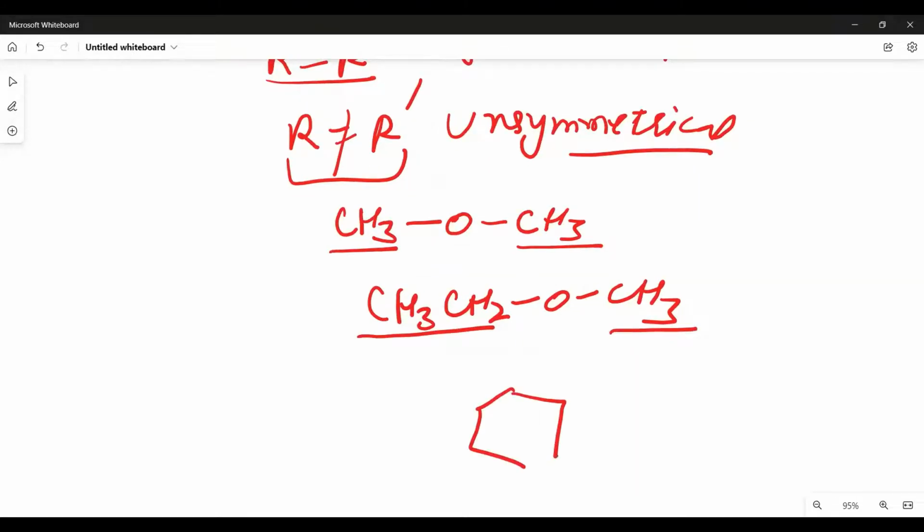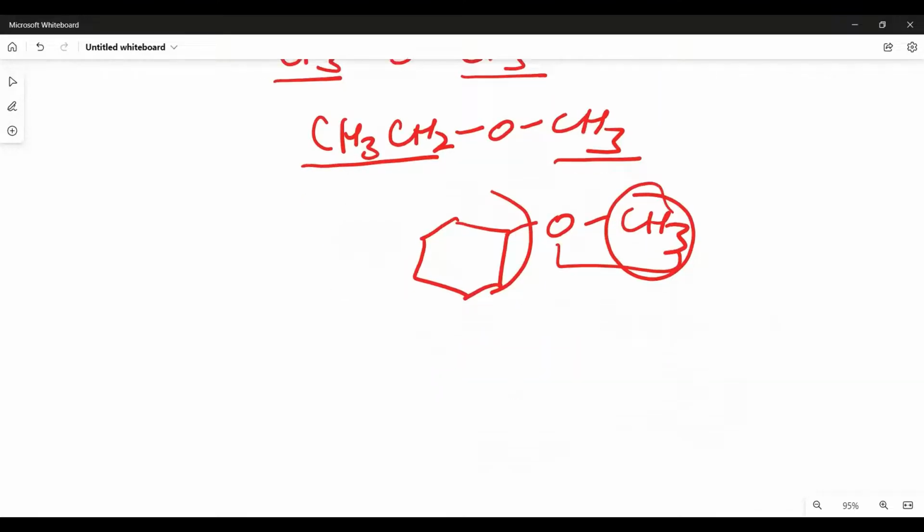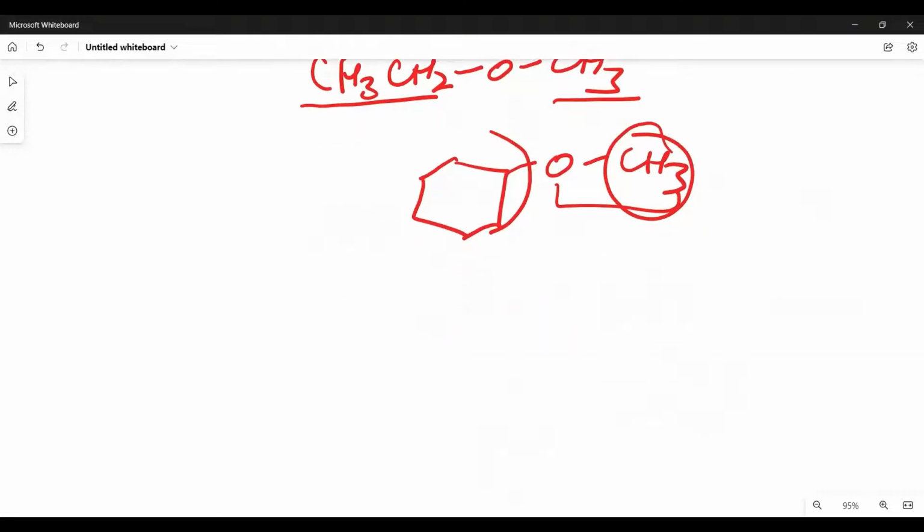Now, if you will see this kind of the example, that is cyclohexane and OCH3 group, R and R dash both are different. So it is an example of unsymmetrical ethers. Now, I think it is clear to all of you कि which one is a symmetrical ether and what are the unsymmetrical ethers. Nomenclature of ether will include the alkoxy alkane.